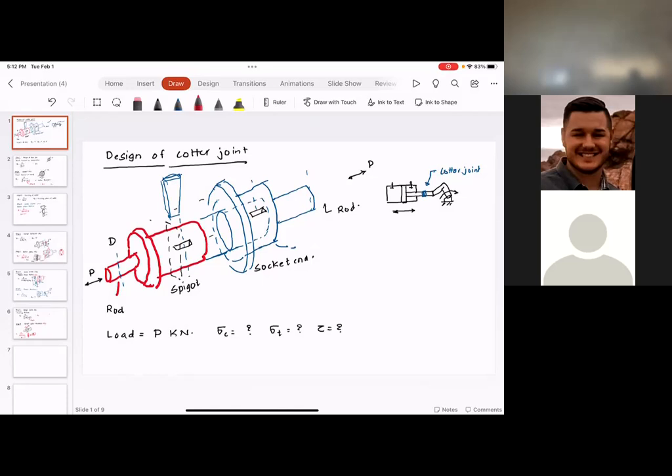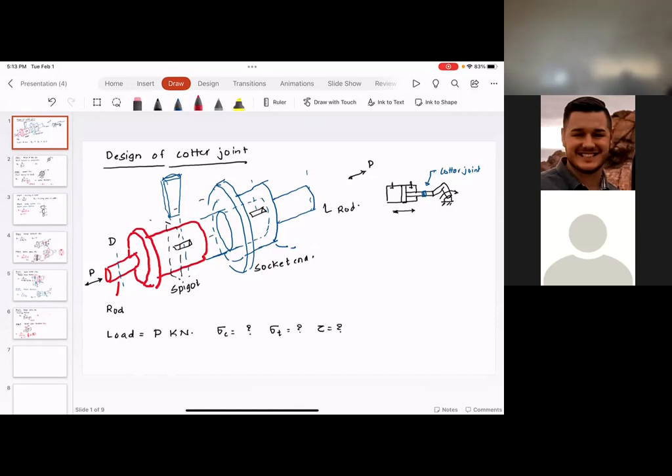Once the diameter of rod is found out, the cotter width, cotter thickness, spigot diameter, diameter of the spigot collar, thickness of the spigot collar, all those dimensions are given in terms of the rod diameter. But still, we have to go and check just to make sure that that design is safe, it's not failing.